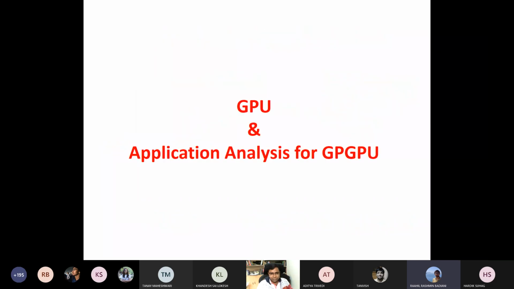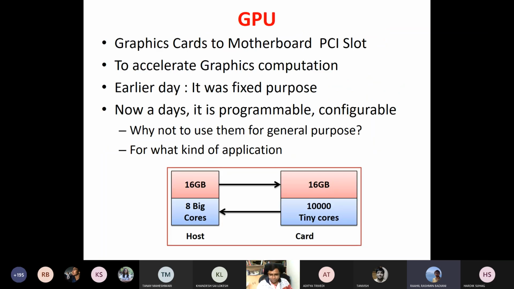Okay, so we'll move towards GPU. We have 5 minutes, and we can do a lot in 5 minutes. Have you heard about the graphics card? In general, we put a graphics card in our PC. Nowadays laptops also have graphics cards, and mobiles also have a graphics processing unit.